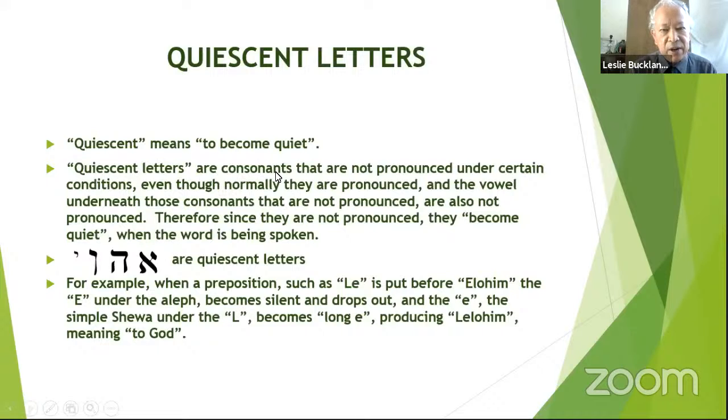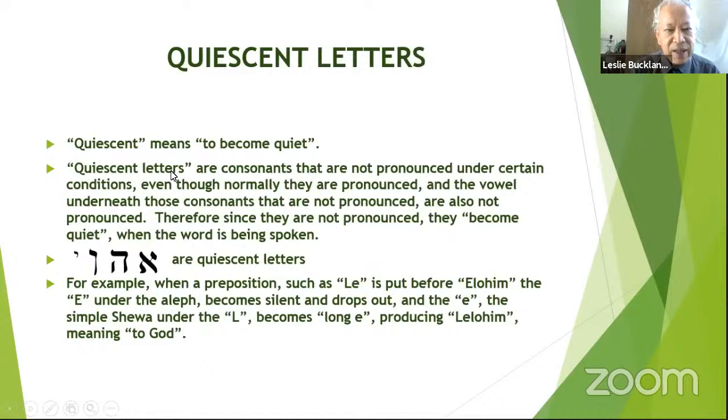Quiescent letters are consonants that are not pronounced under certain conditions, even though normally they are pronounced, and the vowel underneath those consonants that are not pronounced are also not pronounced. Let me repeat that part.